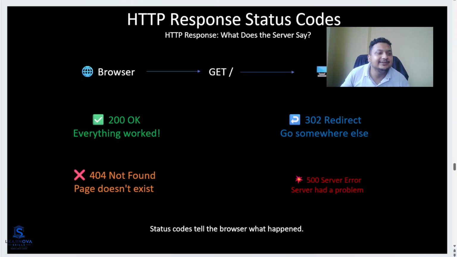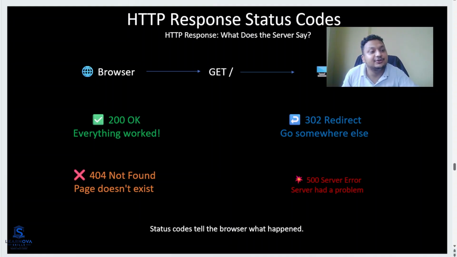This is where HTTP status codes come in. A 200 OK generally means the request was successful. A 302 redirect means the server is redirecting the client somewhere else. A 404 not found means the requested resource wasn't found.